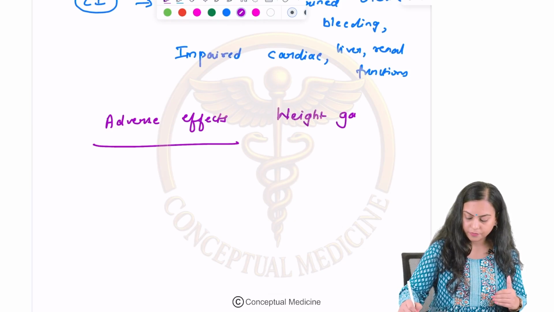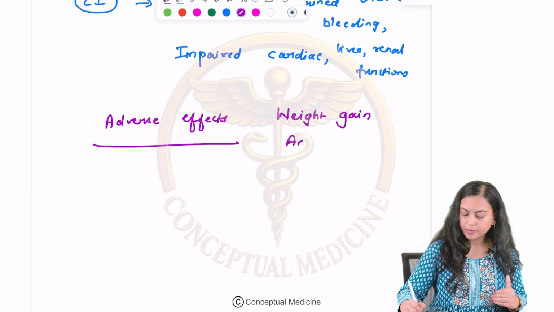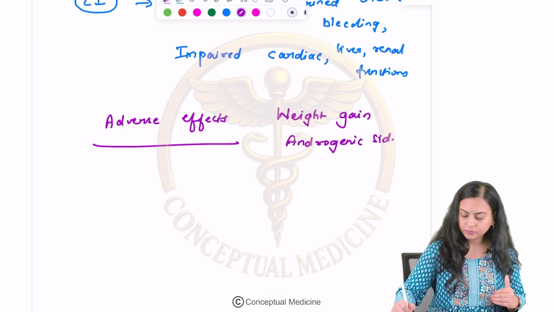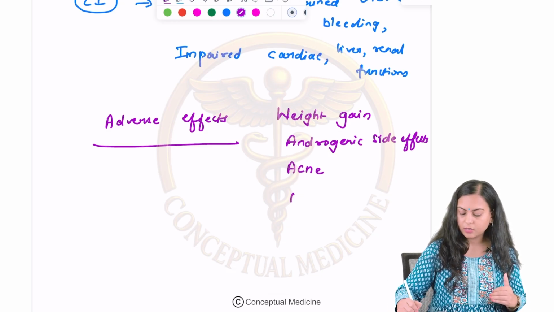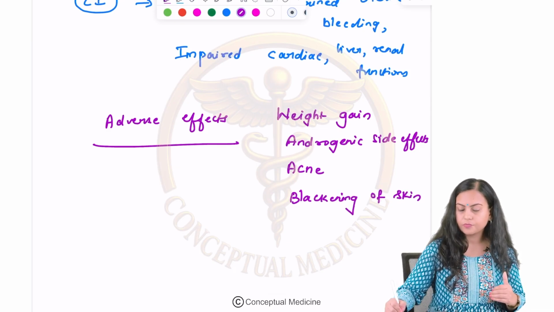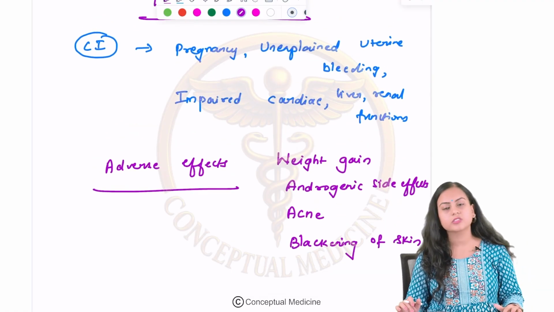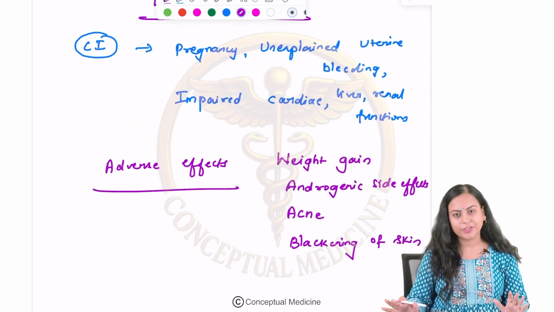weight gain, there can be androgenic side effects, acne, and there can be blackening of skin also. Okay, so this is all about hormonal treatment of AUB.